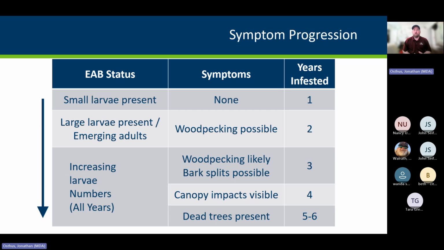But for the average homeowner, it's year 4 of infestation when they can really see those visible canopy impacts. You have lots of woodpecker damage on many of the branches throughout the canopy, and maybe starting to come onto the trunk of the tree to be at eye level. That's typically when people really see that there's something wrong with the tree. And then within the next year or two, that tree is going to be dead and gone.